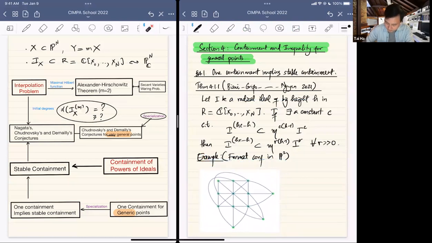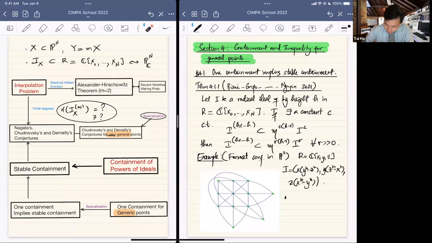So R is C[x, y, z], and I is generated by x(y^n - z^n), y(z^n - x^n), and z(x^n - y^n).